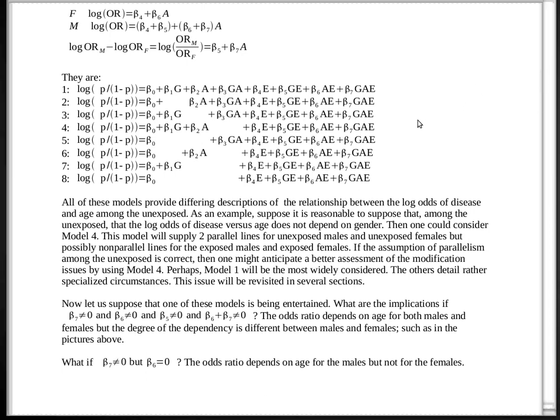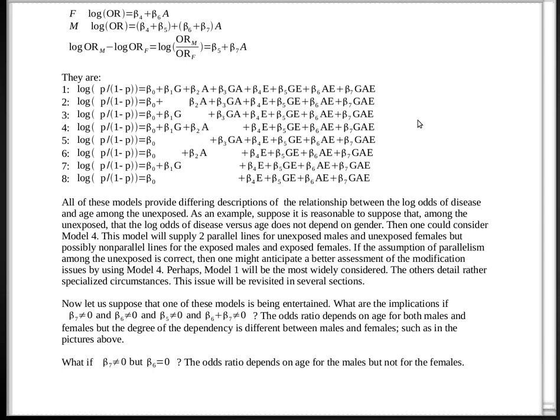Now, you might be thinking, wait a minute, some of those models look pretty bizarre. And in fact, I would say that some of them are really pretty strange and would be highly specialized. Maybe the only one that might come up in many investigations is model 4.